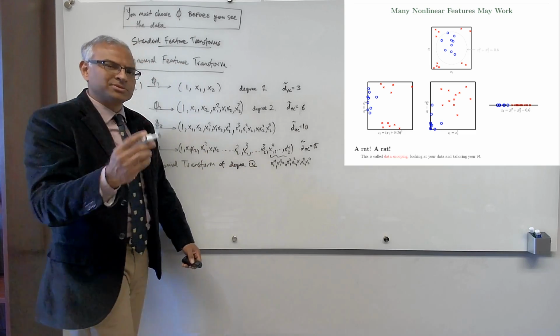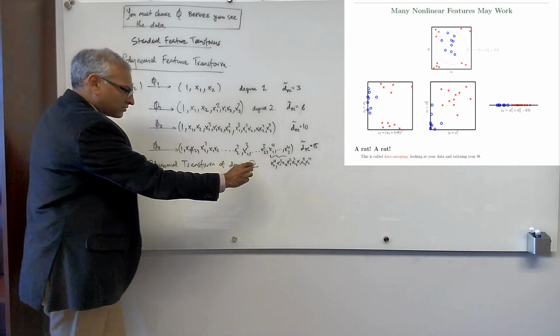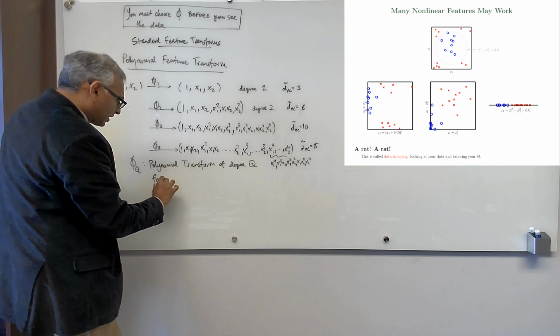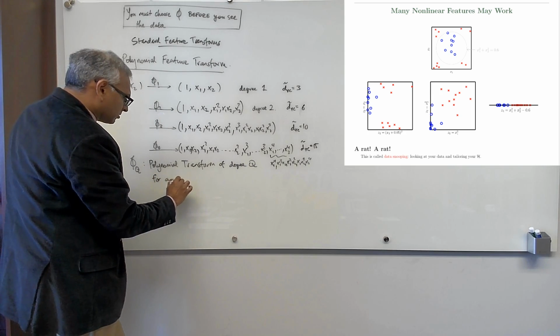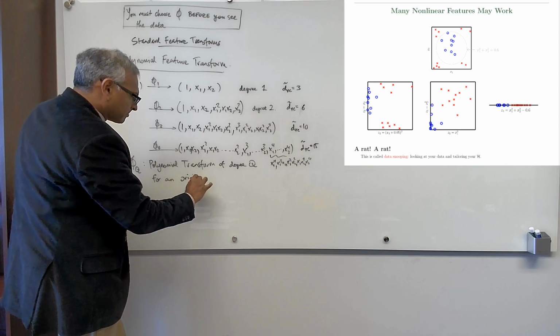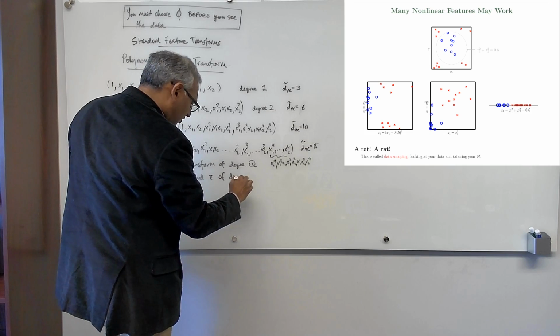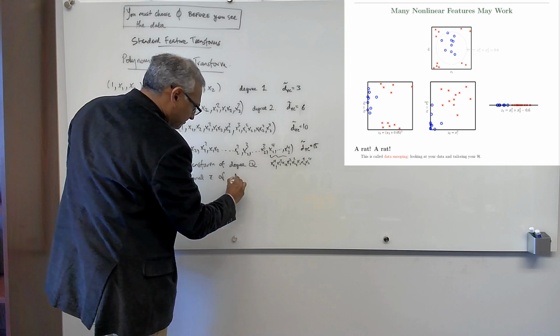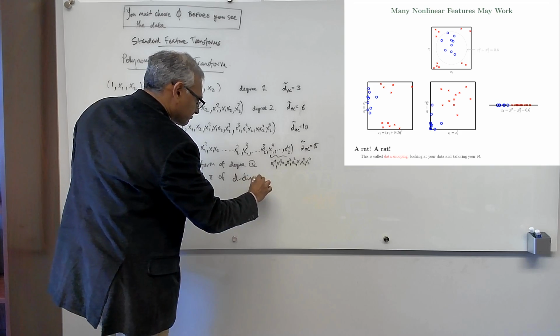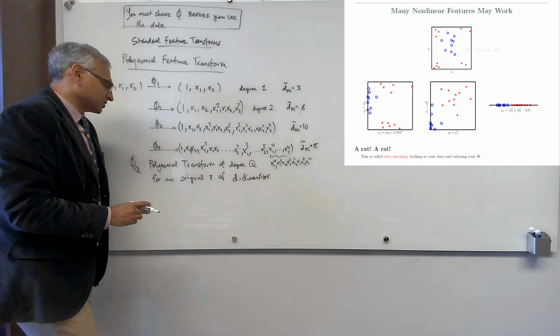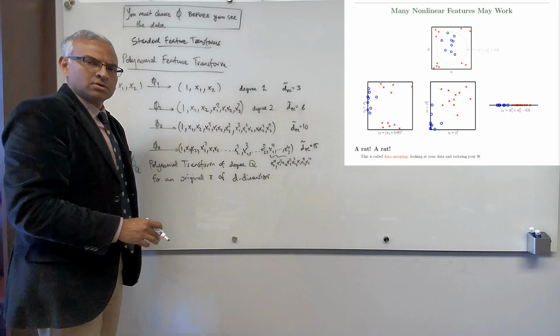It's an interesting counting argument to ask: if you're in d dimensions with degree q, this transforms into what dimension?